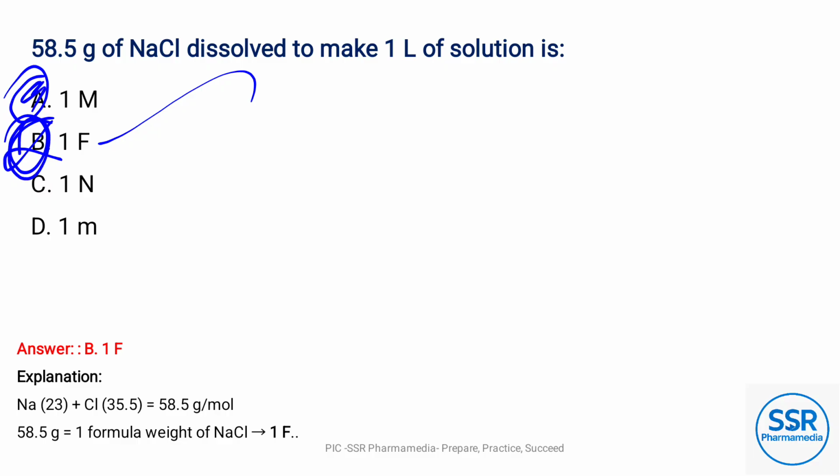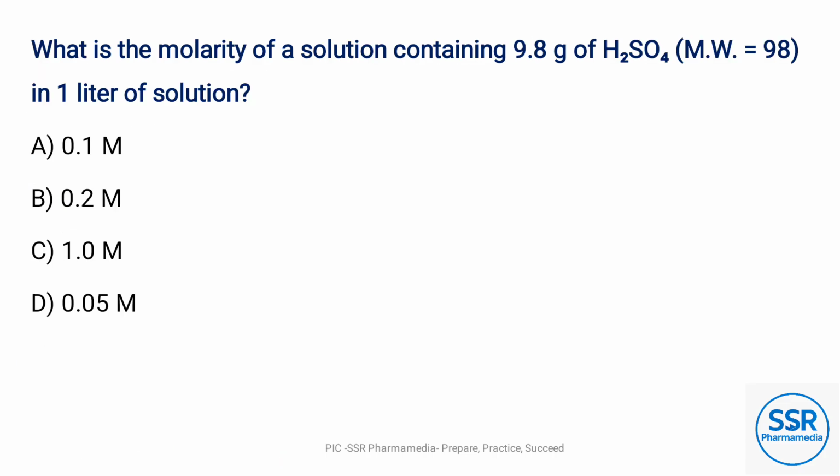Sodium chloride molecular weight: sodium is 23, chloride 35.5, it leads to 58.5 gram. So 1 gram formula weight of sodium chloride dissolved in 1 liter of solution is called a 1 formal solution.